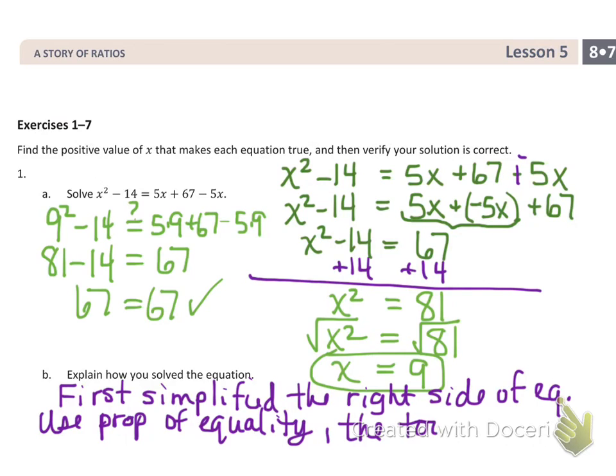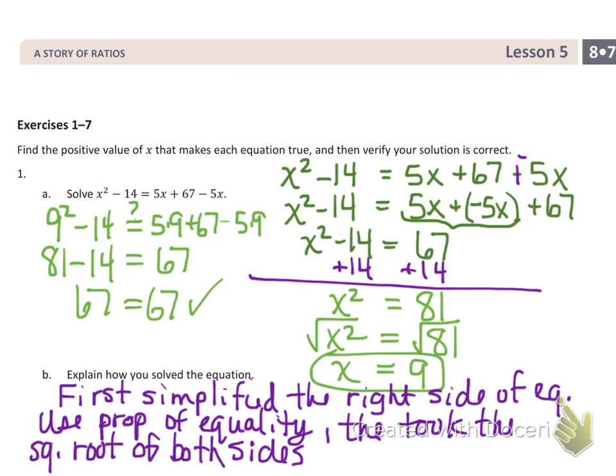Then took the square root of both sides. Which is really just another property of equality, right? It's just a different one that we can use. And then we saw that x equals 9, or something to that effect.